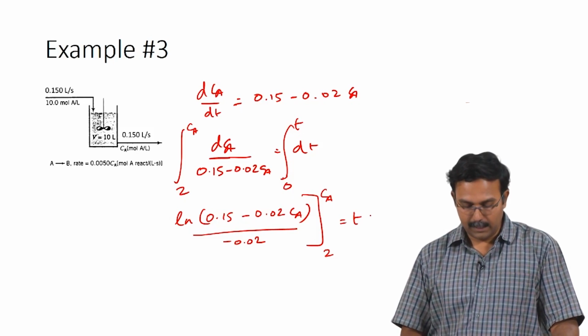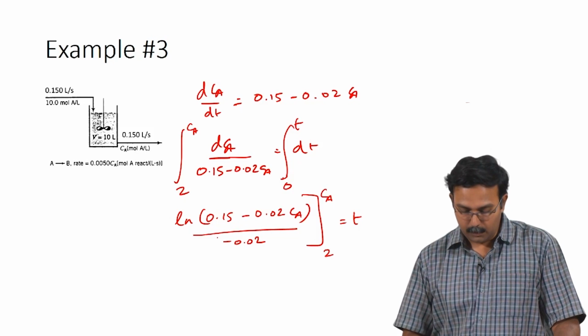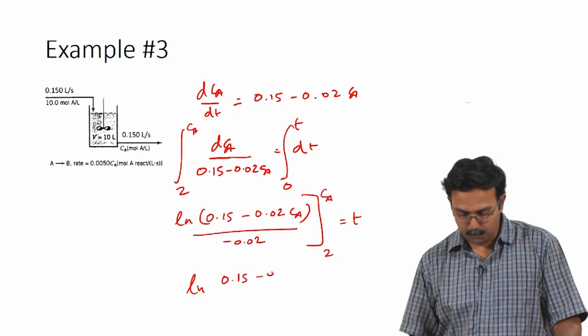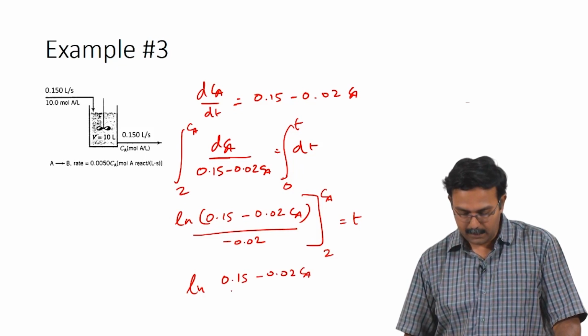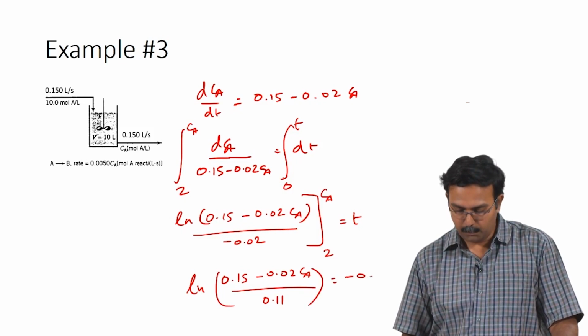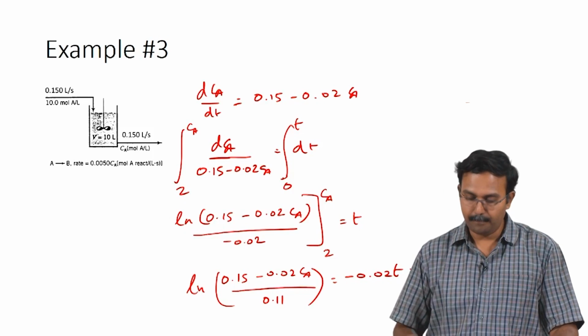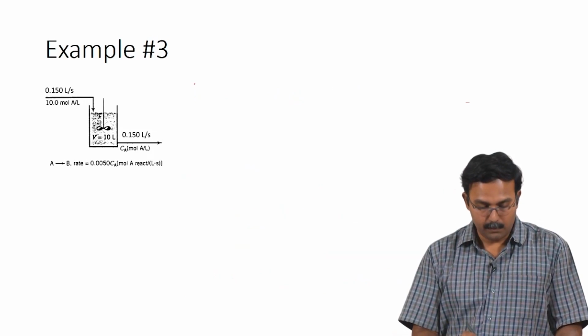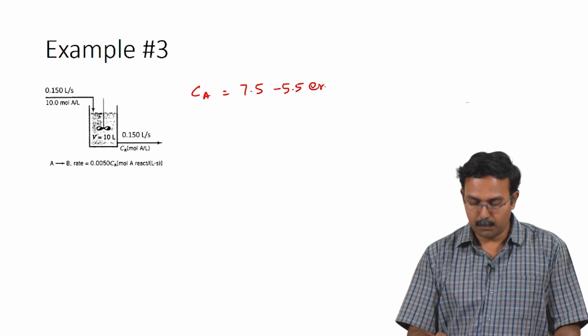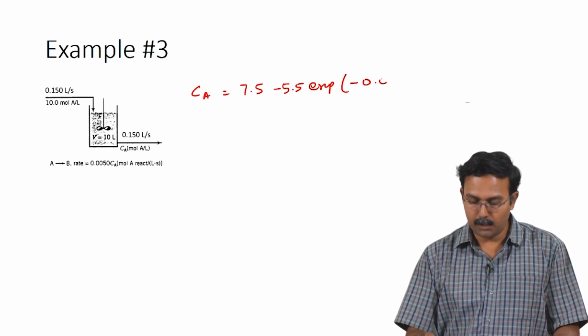This can be further solved to get ln of (0.15 minus 0.02 Ca) divided by 0.11 equals minus 0.02 t. From this, we can get Ca equals 7.5 minus 5.5 times exponential of minus 0.02 t.